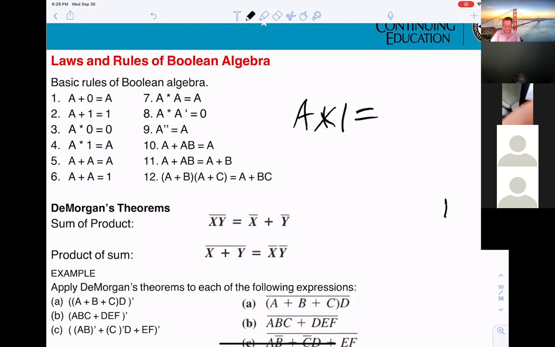Number 6. The answer will be 1. I don't know why. Maybe typo, error, or whatever. Hey, Mr. Bam, a little bit ago you said that A plus A plus A plus A plus A is A, so then 5 and 6 should have the same answer.